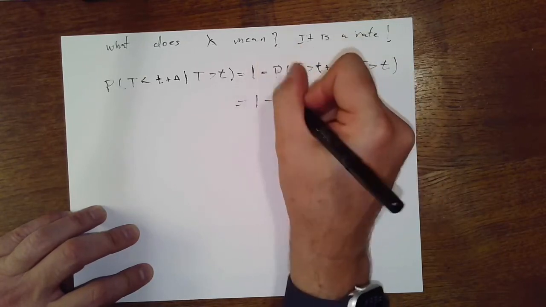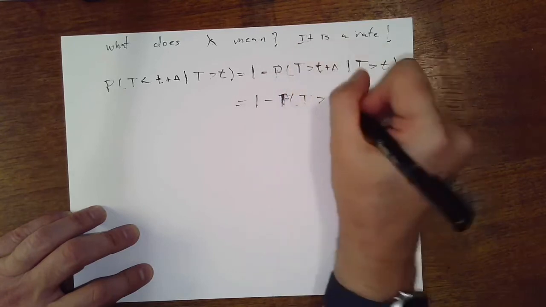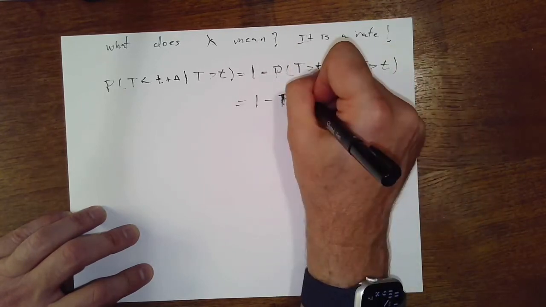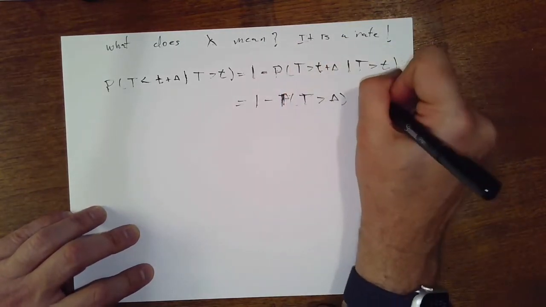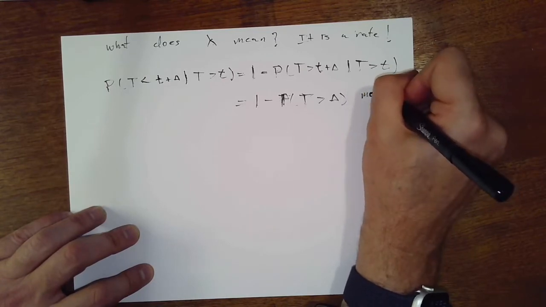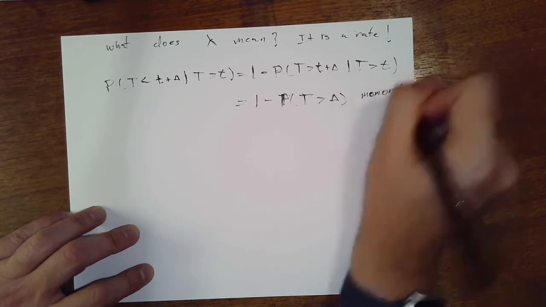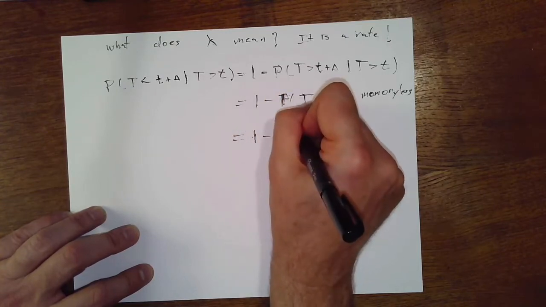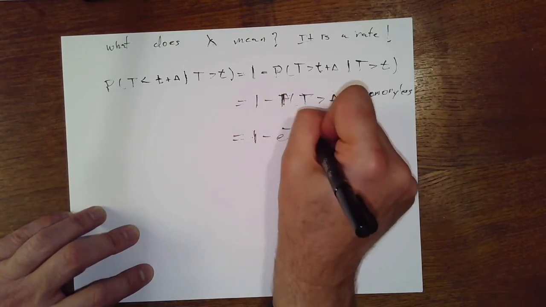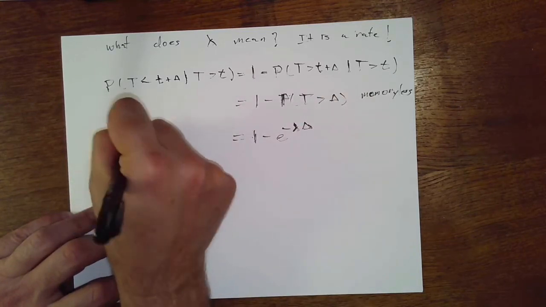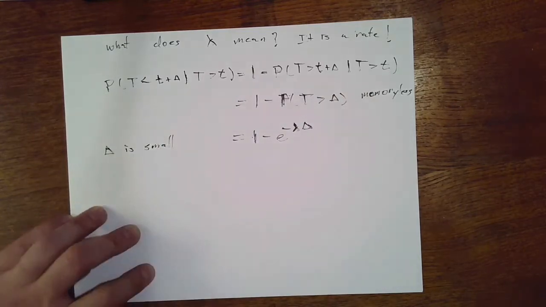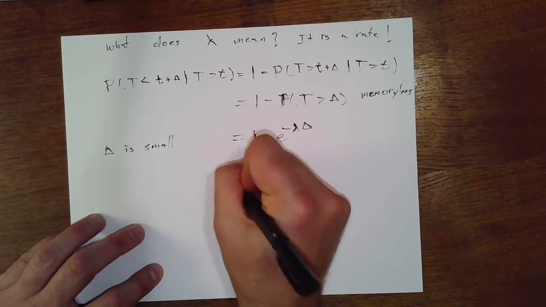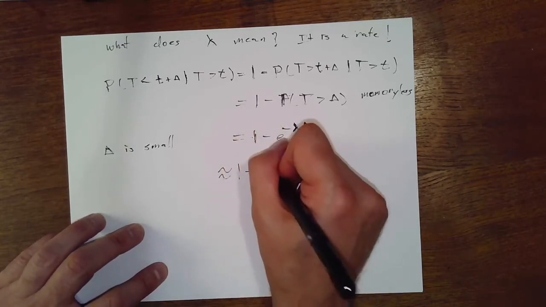So we write the probability that T is greater than delta, and if we write out the formula we calculated a moment ago, it's e to the minus lambda delta.